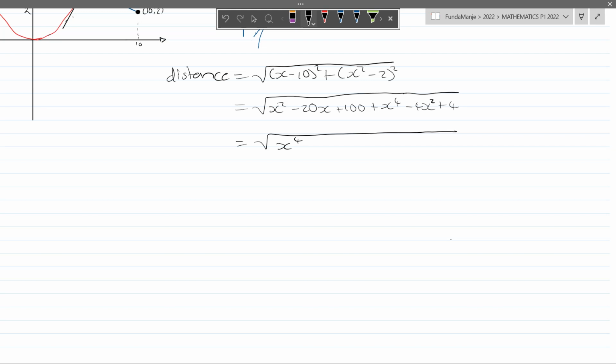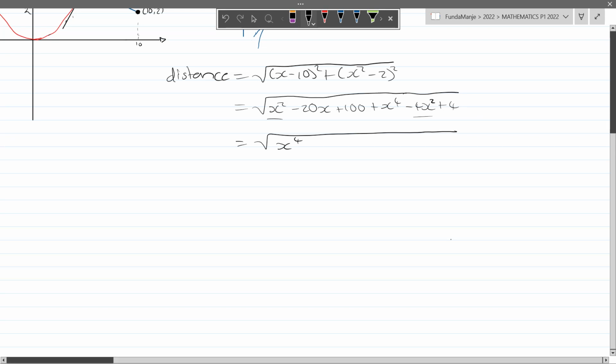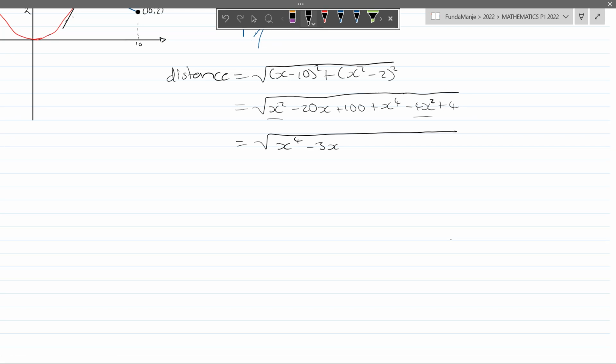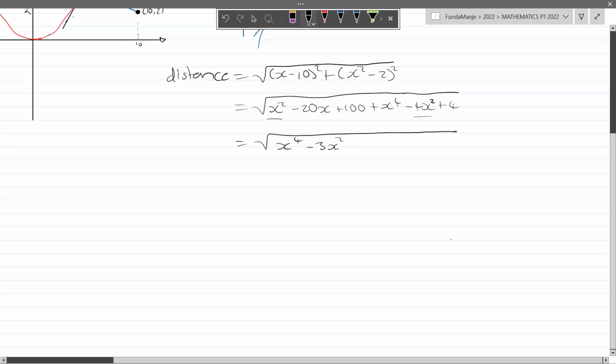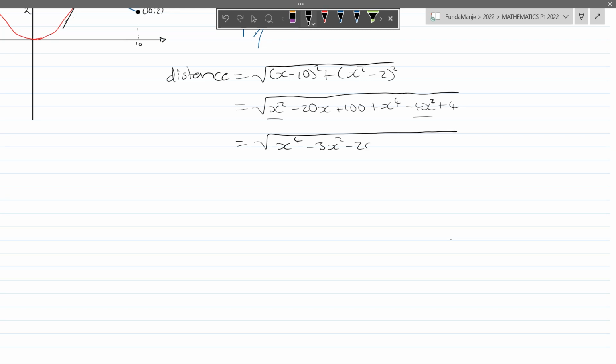So that is x squared minus 4x squared, that's going to be minus 3x squared. And then we have the 20x, and that's alone, so minus 20x. And then 100 plus 4, we can say plus 104, like that.